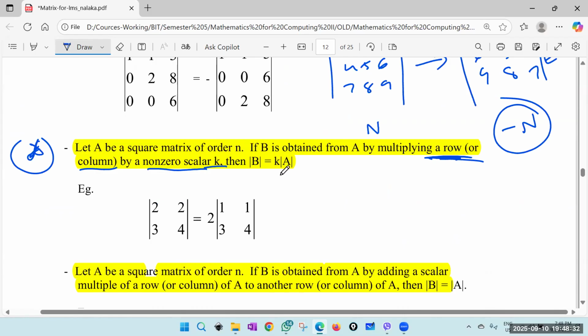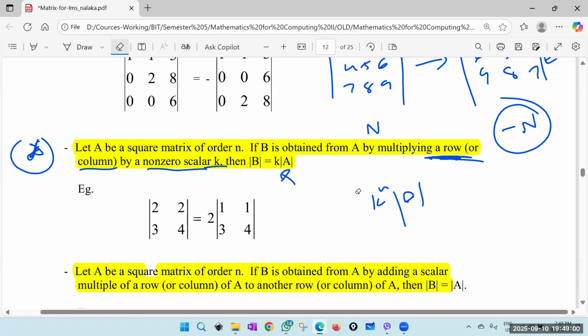If you think about it, you can prove it yourself. This is related to the previous rule, but that time we multiplied the whole matrix by k. This time we multiply only one row or one column by k, so it is k times the determinant of the original matrix.